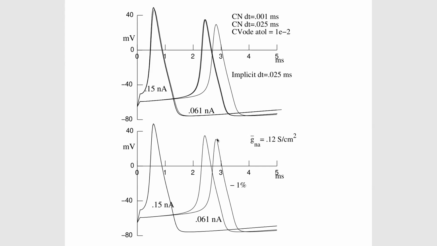Oh, and that amount of error looks very similar to what we got when we were using implicit method with the standard Hodgkin-Huxley compared to the other integrators. Well, look at that. Close to threshold, even a tiny amount of slop in a parameter's value becomes very important to the solution.